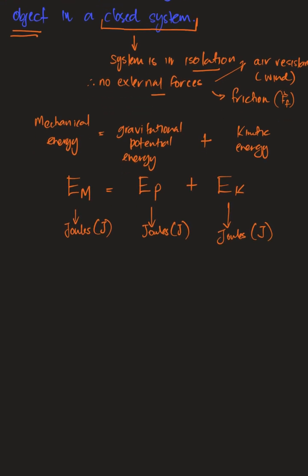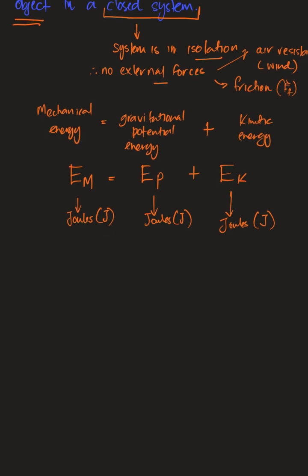Right? Now, I know that I can take this formula and expand it, because let's say I don't have all the information. I know what EP stands for and I know what EK stands for. So what I can say is my mechanical energy is equal to mgh plus half mv squared.